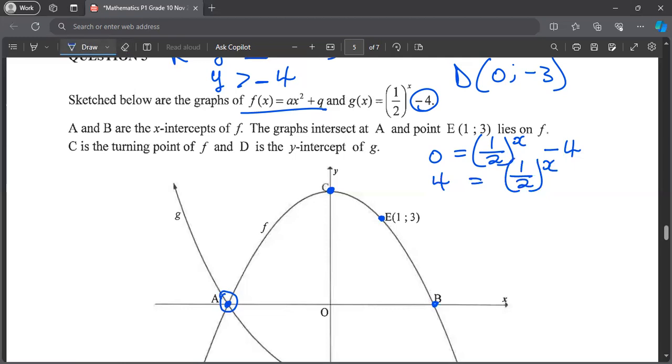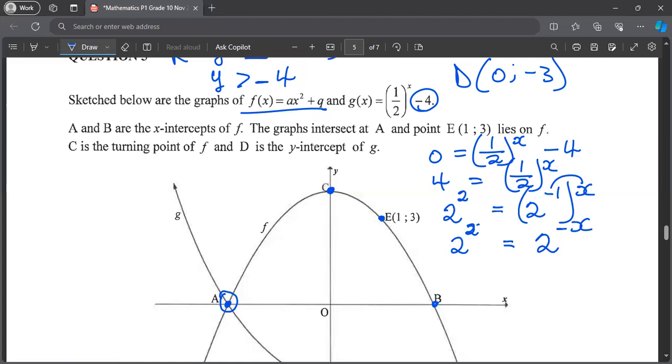Now, we are going to write 4 to base 2. So it becomes 2 squared. And then this 1/2, we write it in negative exponential form as 2 to the -1. And then the whole thing is raised to the power x. Then you multiply the two exponents, you get 2 to the negative x.